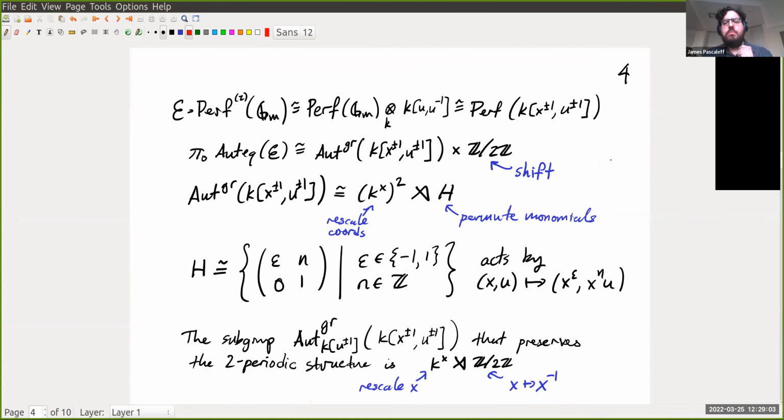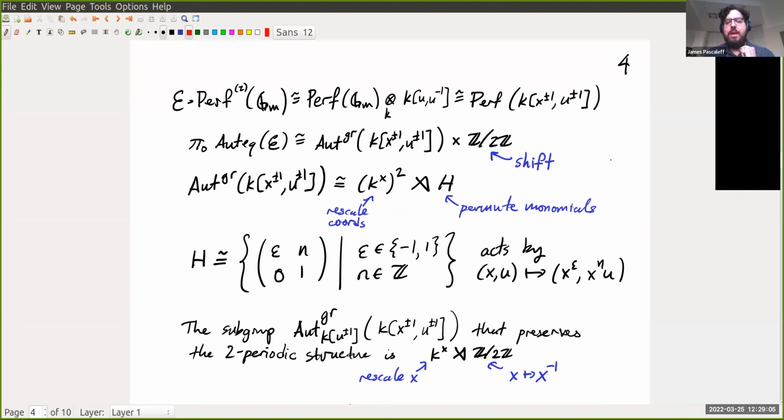Okay. So it turns out you can describe this, at least pi 0 of the autoequivalences of E. So what is E? It's this Fukaya category of the cylinder. I'm needing to think of it as this kind of two periodic thing. So I'm writing it in terms of algebra because it's clearer exactly what the thing is. But anyway, this E is perf 2 of G_m. So you could write it as perf of this algebra.